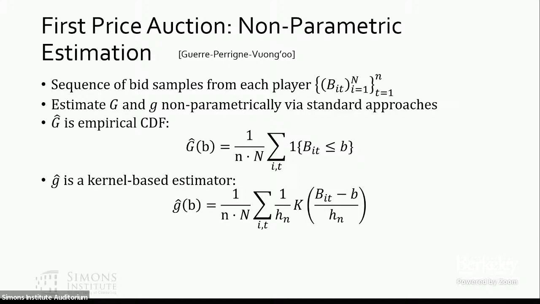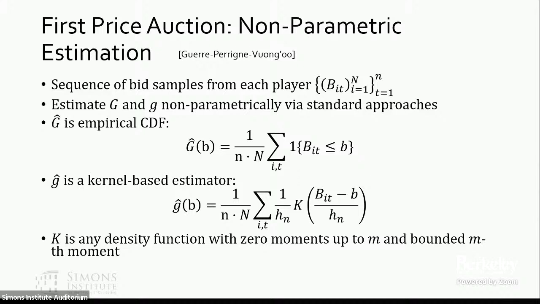I can estimate an empirical PDF using some standard kernel-based estimators. So stylistically, this just splits the space into bins and counts how many things are in bins, but it does it in a smooth manner. Okay? That's a kernel density estimator. And so these will be consistent at some rates.